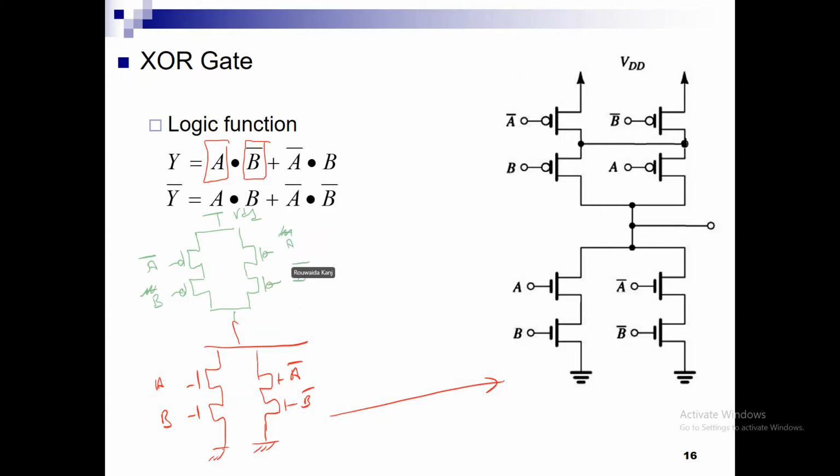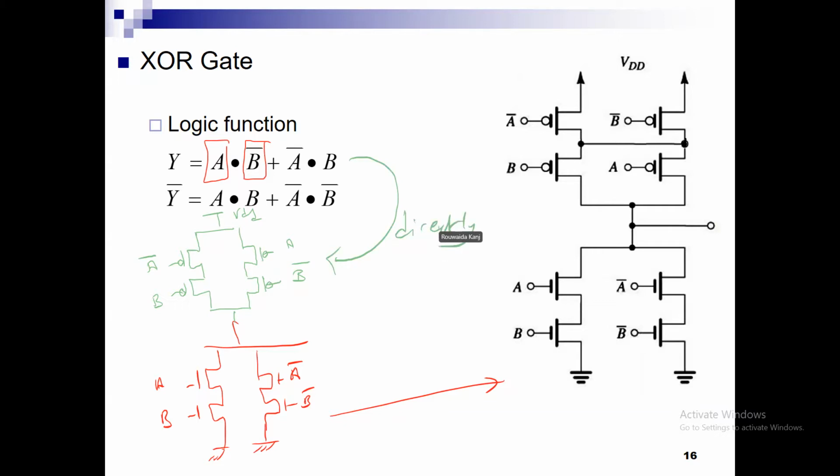So then the block can be drawn in this form, meaning I do inversion on the inputs, and I keep the series and parallel relation the same when I want to use the Y expression directly in the pull-up network.